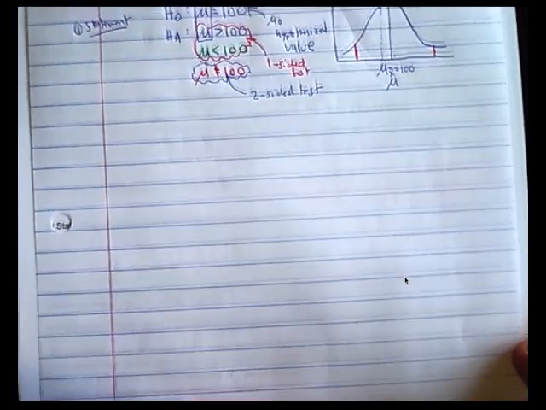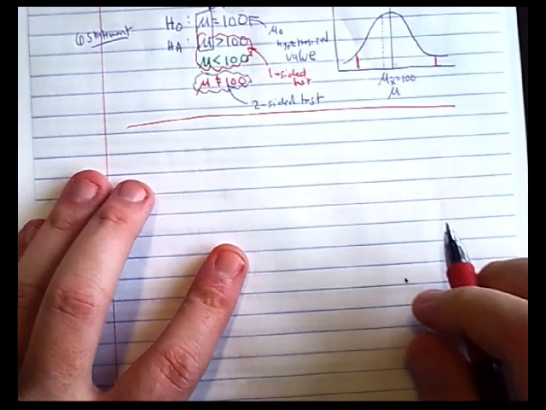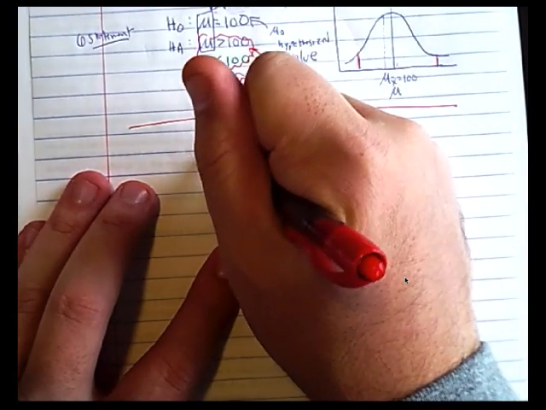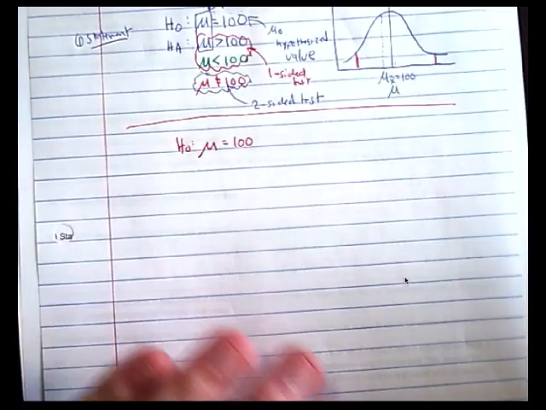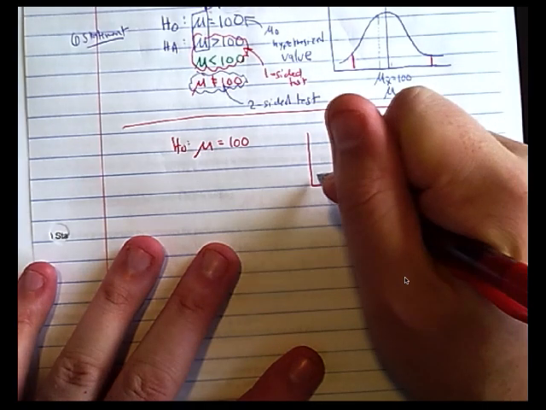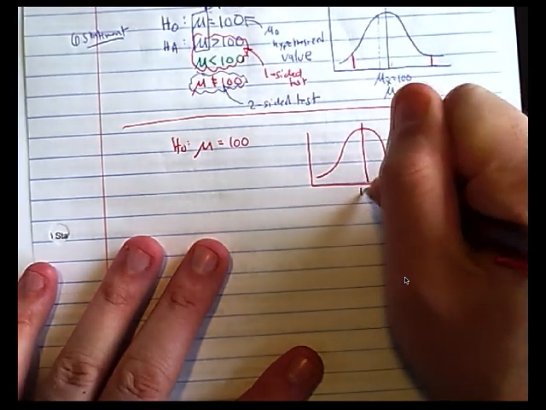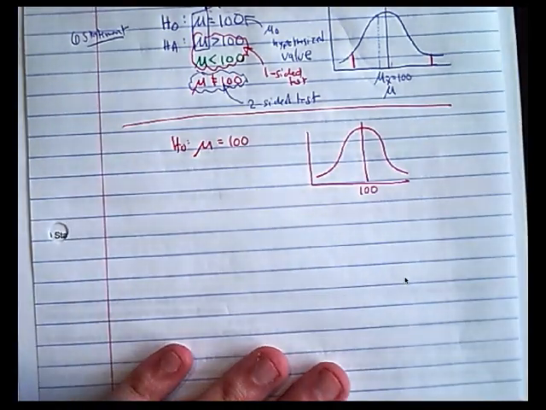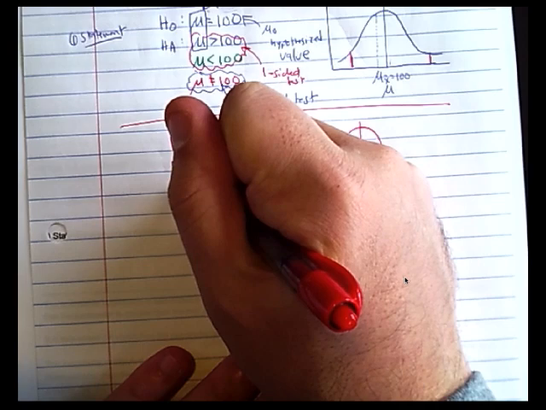So let's just look at a one-sided test. Let's go back to the IQ example. Let's say that our null hypothesis is that someone tells us that the mean IQ score is 100. So 100 would go down the middle of our sampling distribution. But we actually think that it's greater than that.